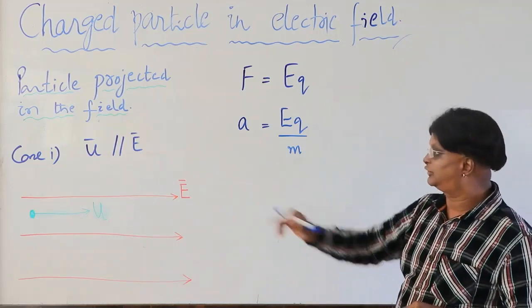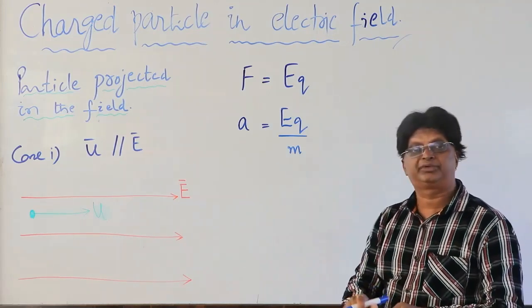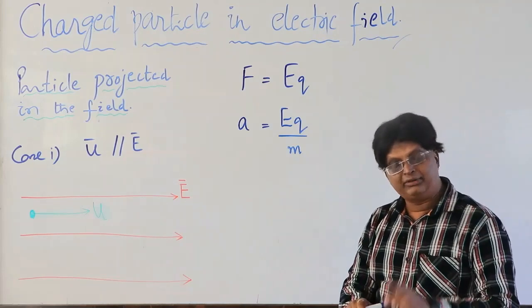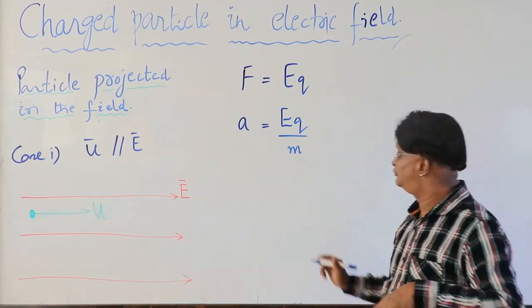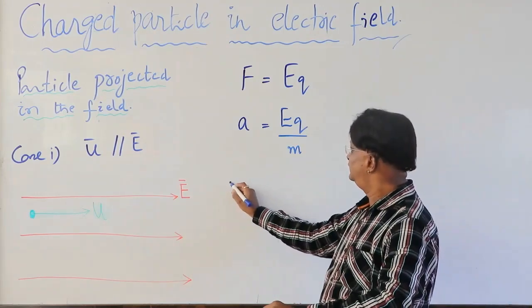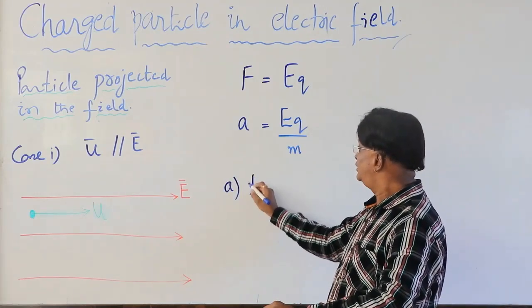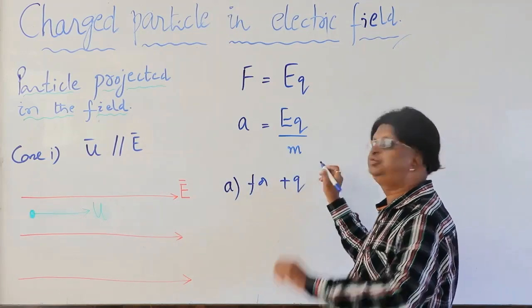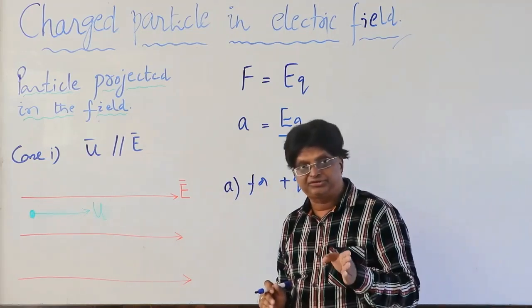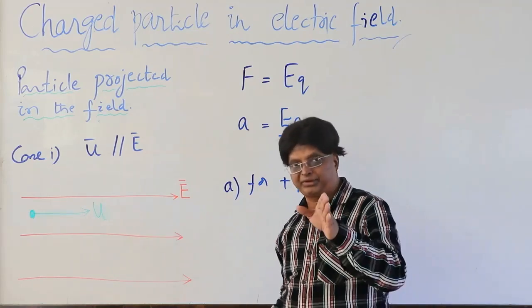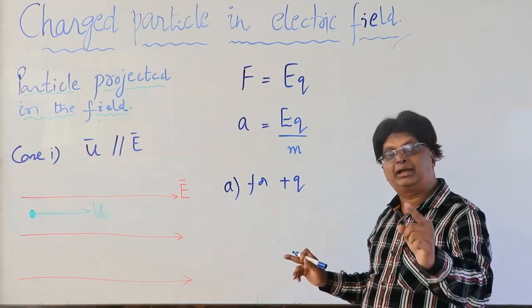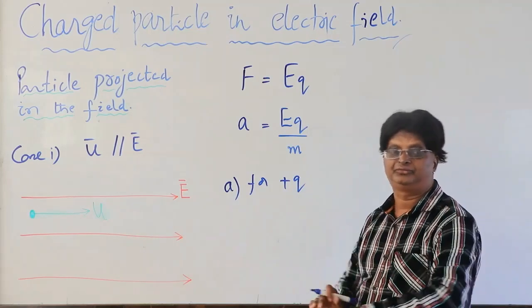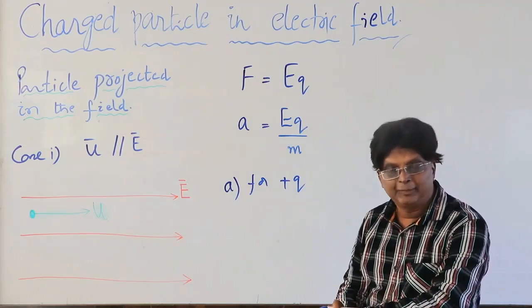Therefore, now comes the question, when a charged particle is projected in an electric field, whether it is positive charge or negative charge. Therefore, now I am writing, the first case is for plus Q. Now you tell me what happens. Positive charge, see, charge already projected in the direction of field. Now positive charge accelerates in the direction of field. What does it mean?